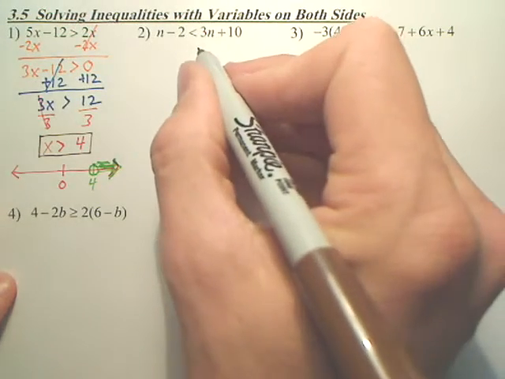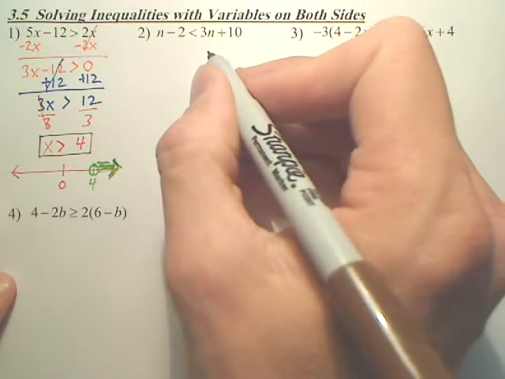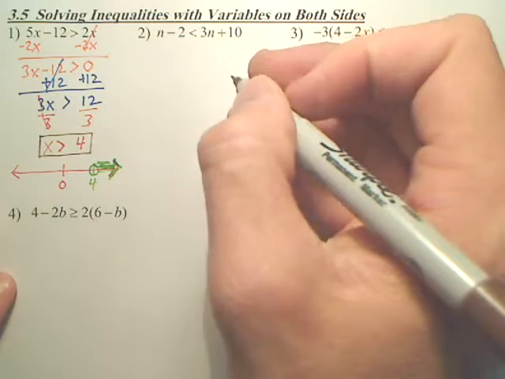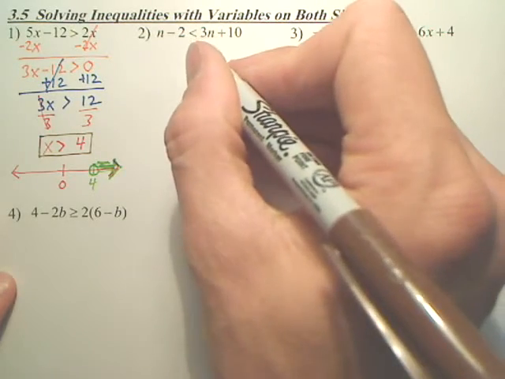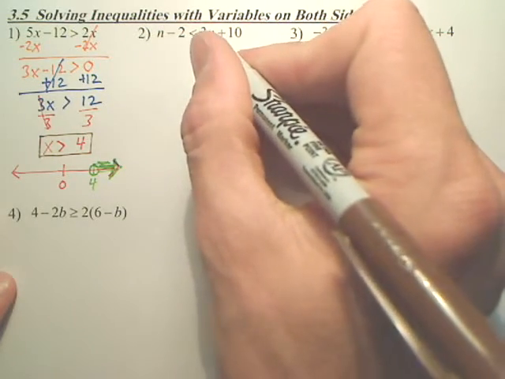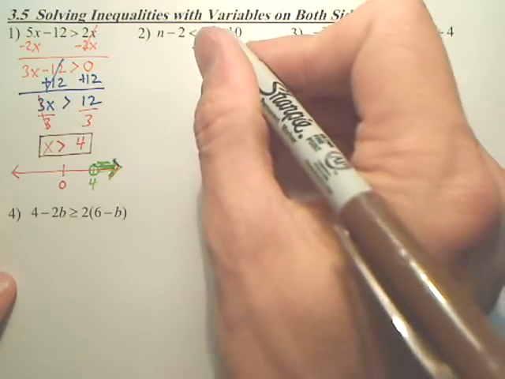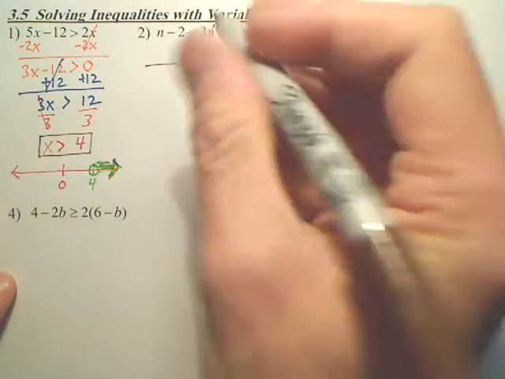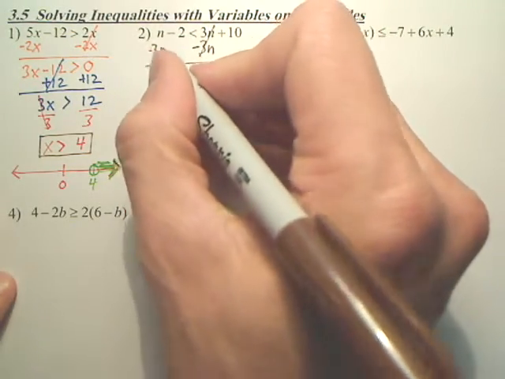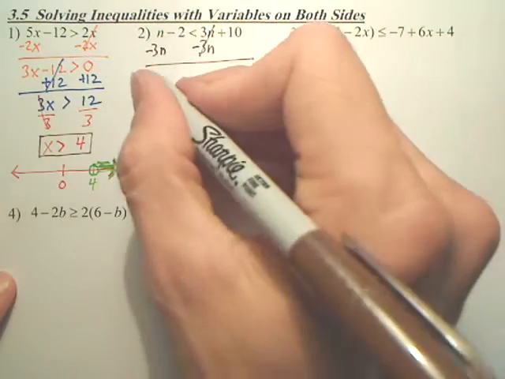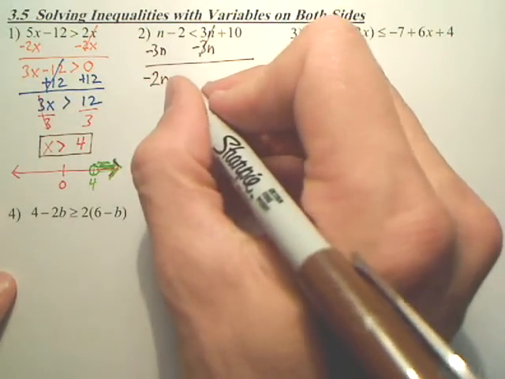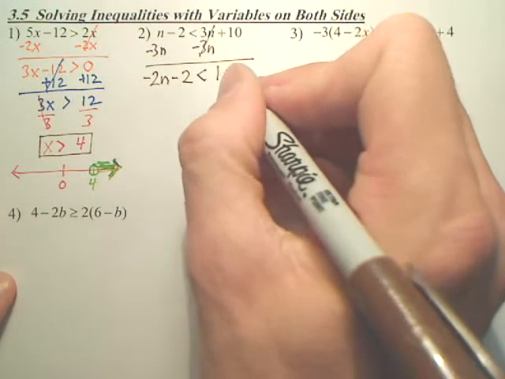Okay, number 2. I want to solve this, so I want to get n on the left side. So I got to get rid of this 3n, so I'm going to minus 3n. Cancel it. But I got to do that to both sides. That gives me negative 2n minus 2 is less than 10.